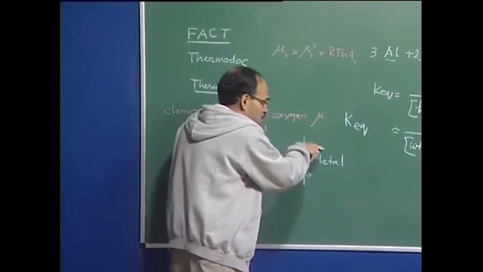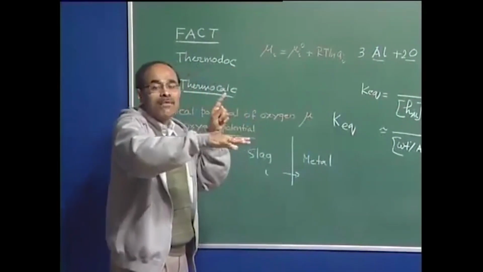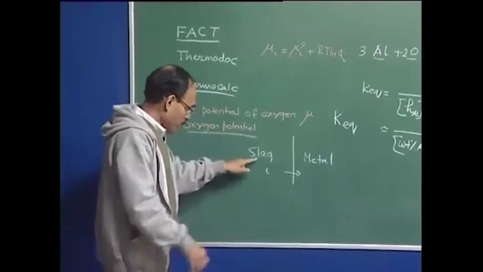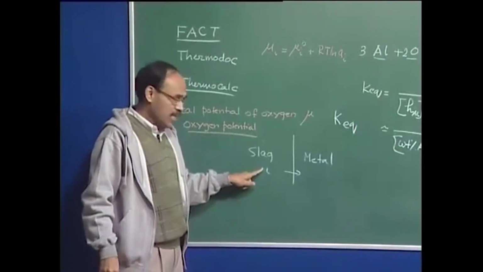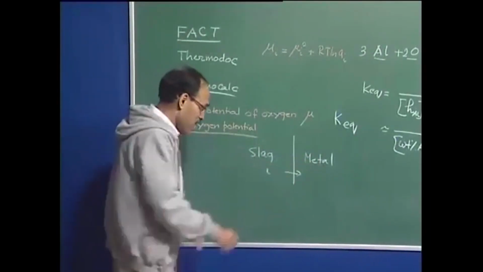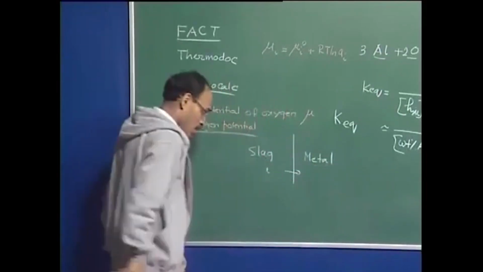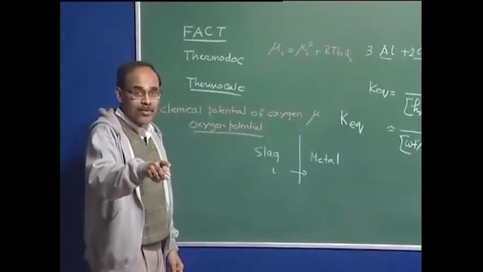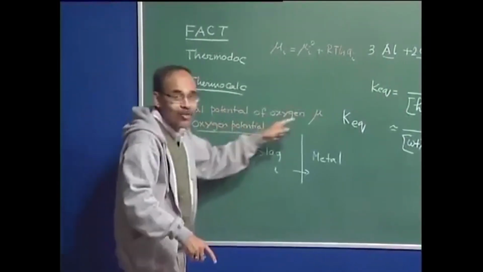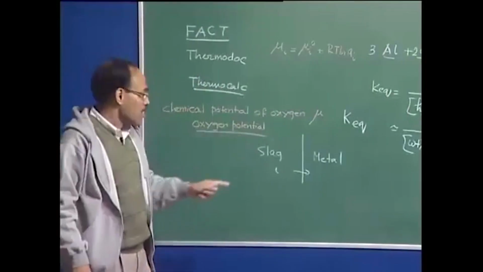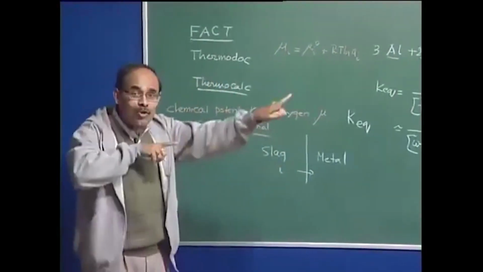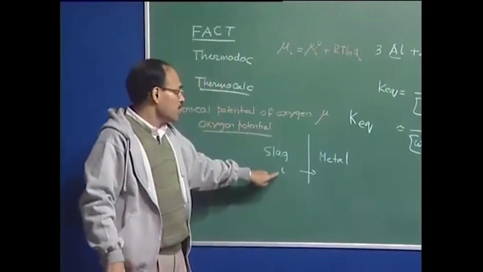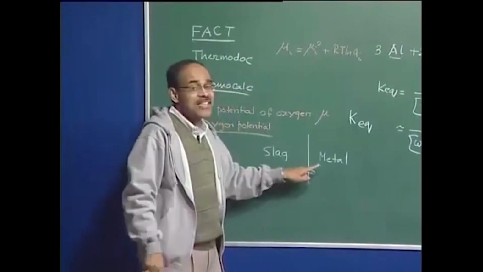Heat will flow in this direction, and heat flow will come to a standstill when the temperature becomes identical. Similarly, if species i has a higher chemical potential in the slag and lower in the metal, the transport will take place from slag to metal. That was thermal equilibrium; now a chemical equilibrium will be established at the interface. That means there will be no net movement across the interface, provided the activity, or chemical potential, is identical on both sides.